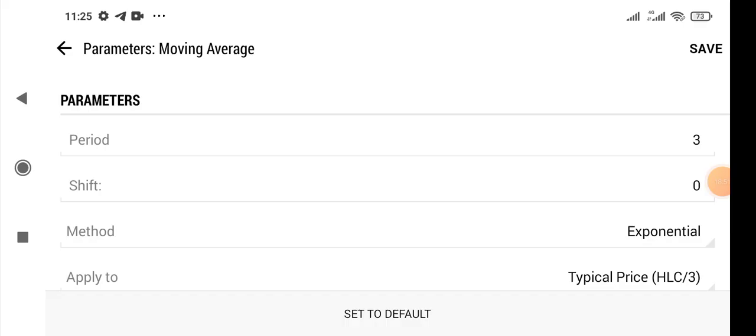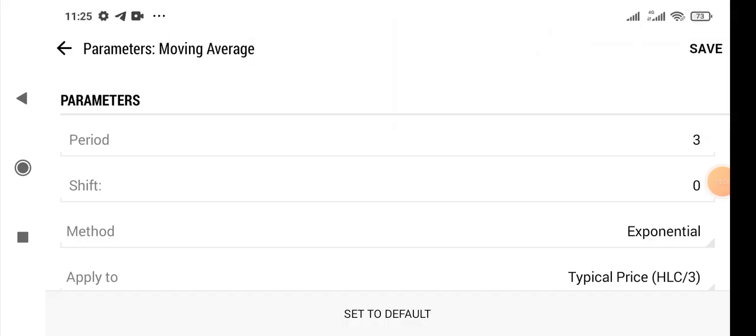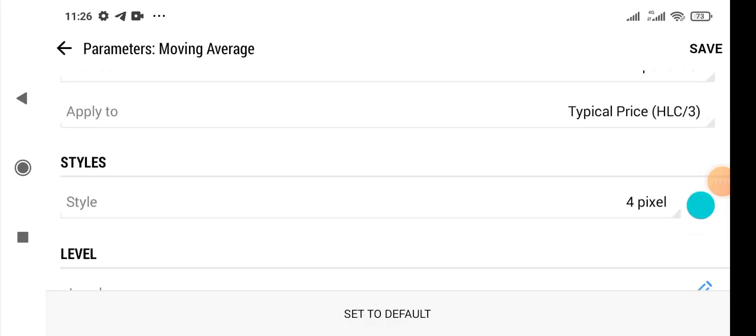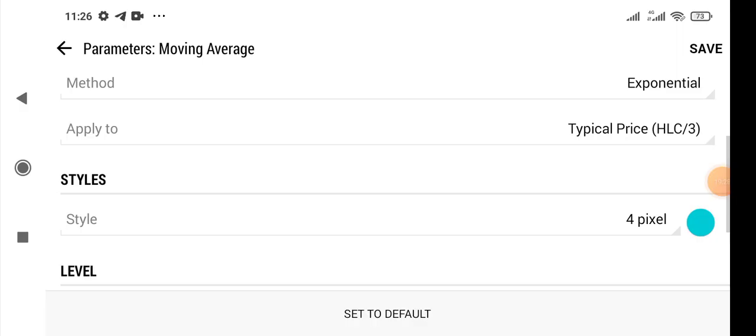Period is supposed to be 3, shift 0, method exponential, apply should be typical price, style you'll choose any color of your liking, those ones alone, then you save.